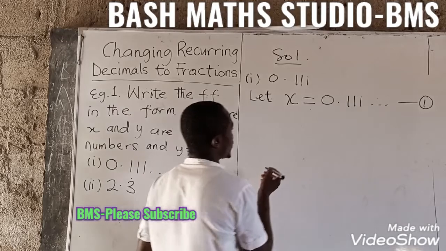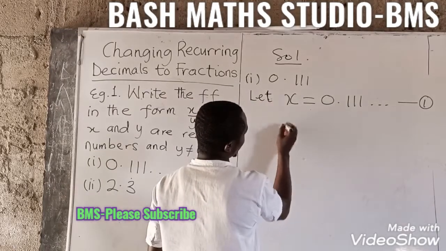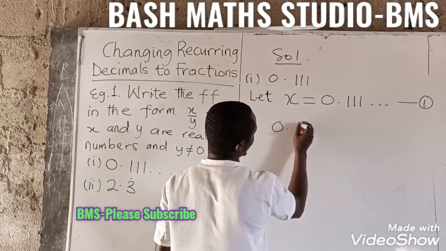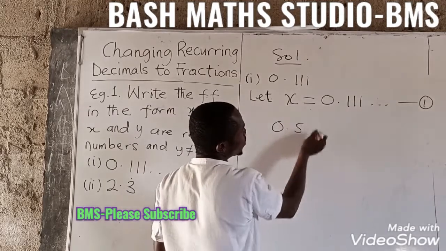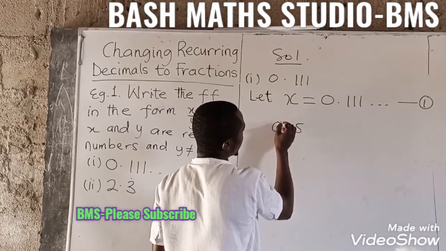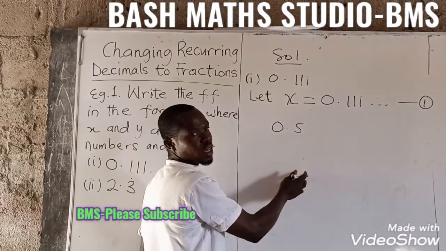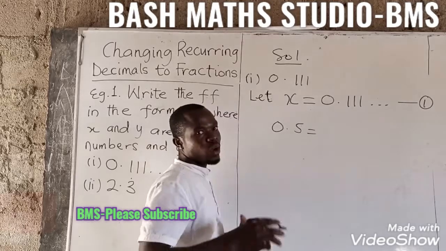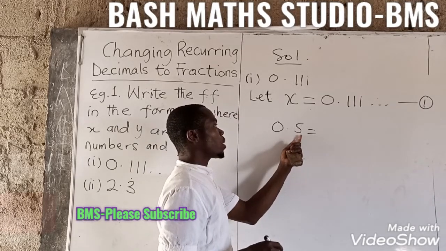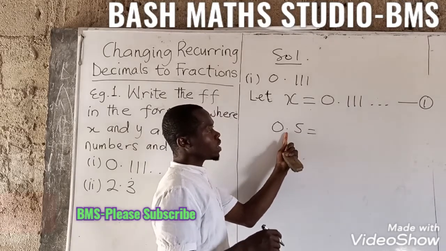For example, if you want to change a terminating decimal, let's say 0.5, you pick the decimal part, the number after the decimal point, and you divide it by either 10 or 100, depending on the number of digits after the decimal point.